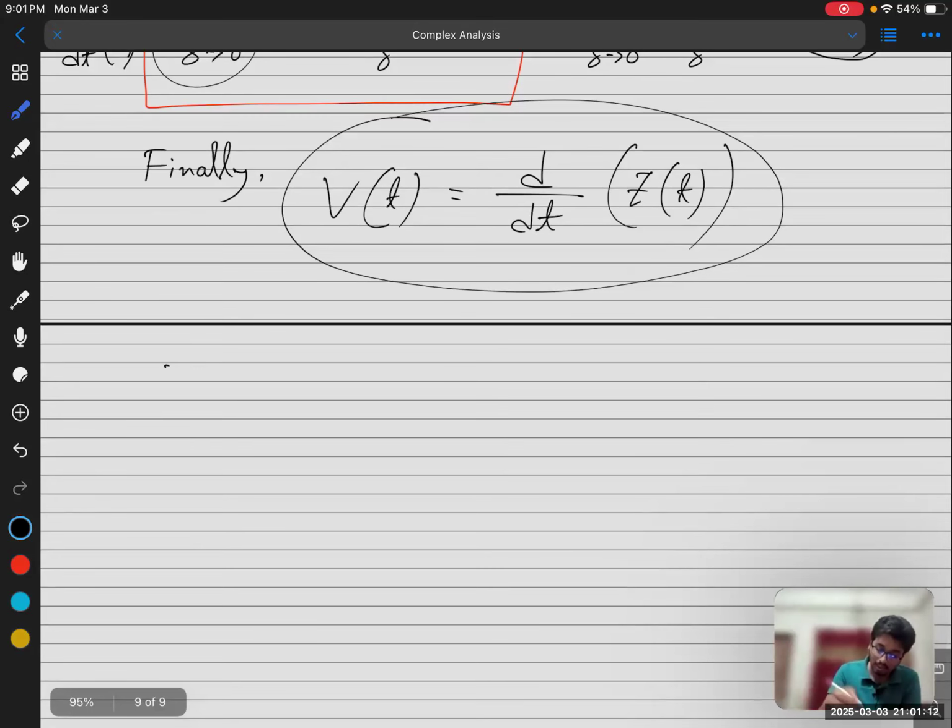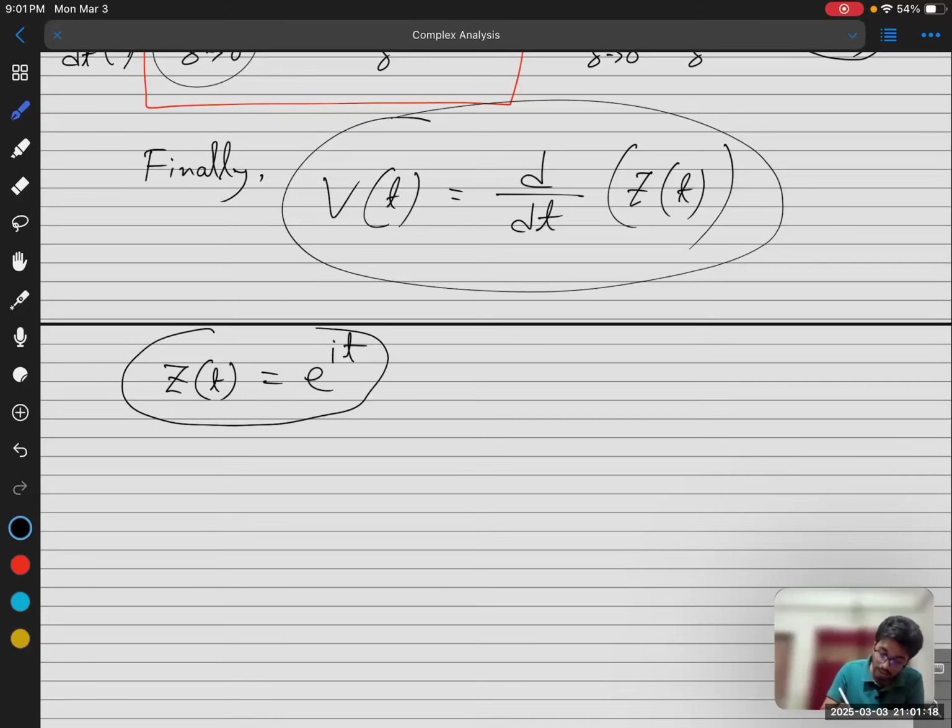So let's say z of t is equal to e to the power i t. So we are considering that the position vector of a particle is moving as e to the power i t. We don't know how e to the power i t moves, but we are considering the particle's position vector will be the same as e to the power i t.